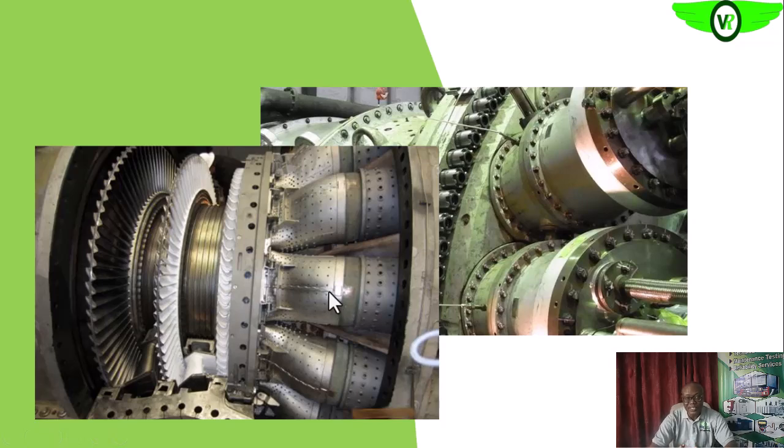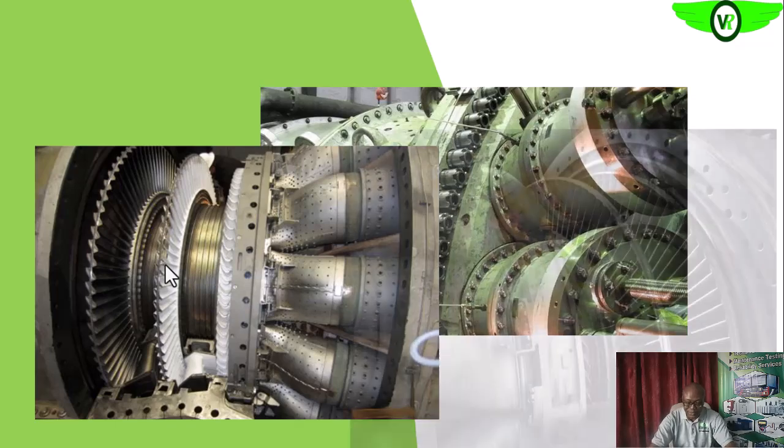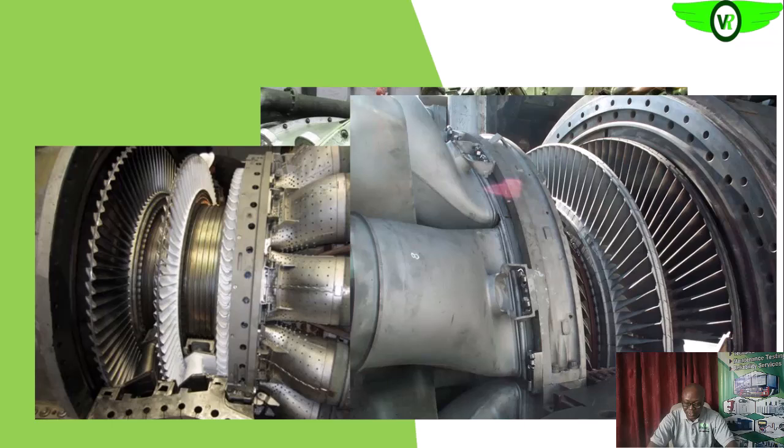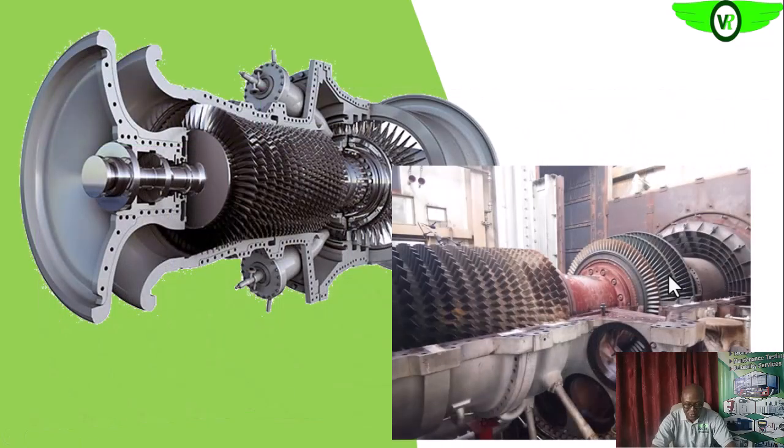If the temperature is not properly regulated within the combustor, this transition piece could even be damaged before the hot combustion product goes to the turbine section and does further damage to your gas turbine. So this is also showing us the transition piece before the combustion product is moved into the gas turbine section.